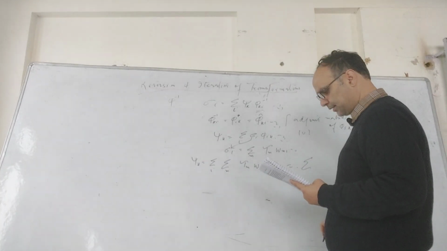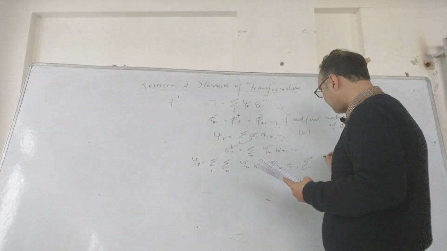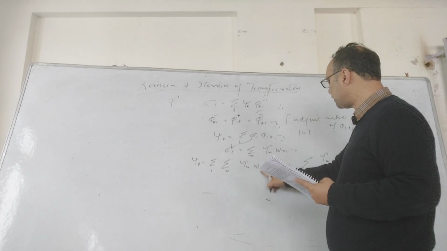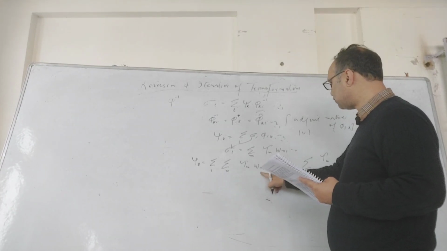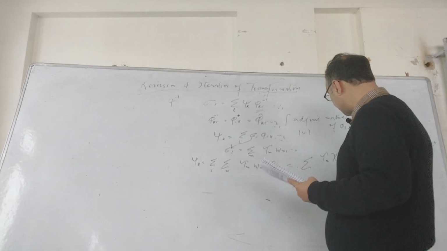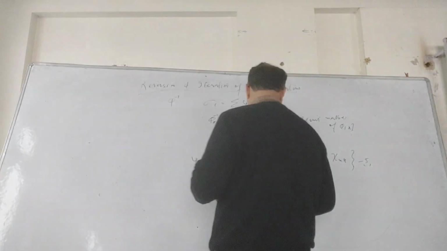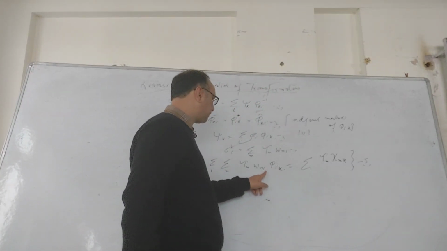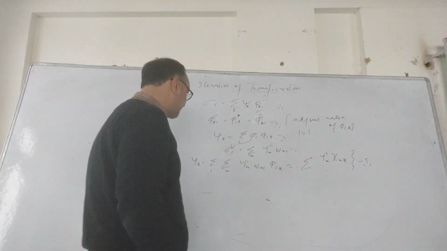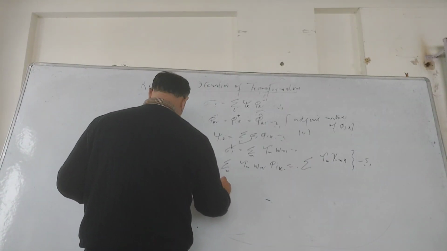So again you see it will come out to be sigma tau of m omega m. This i will be common, since it is a repeated index, so we can write this as chi of mk.